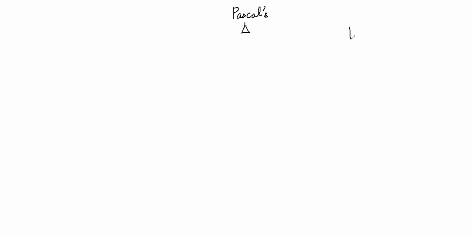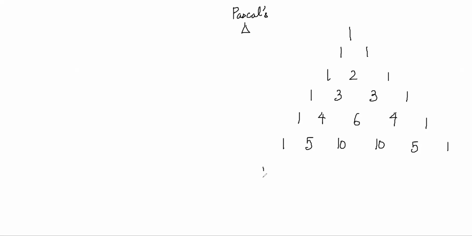Pascal's triangle is constructed like this: 1, 1, 1, 1, 2, 1, 1, 3, 3, 1, 1, 4, 6, 4, 1, 1, 5, 10, 10, 5, 1, and so on, right? You are getting the pattern.